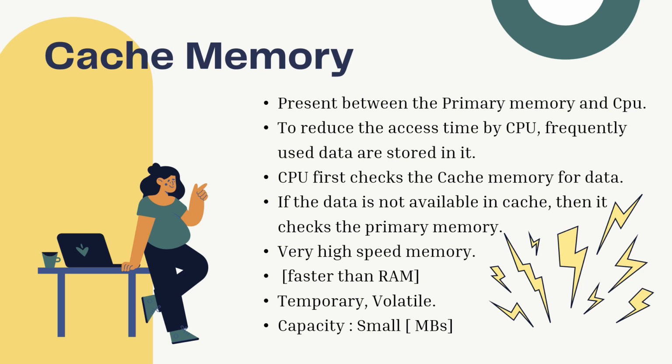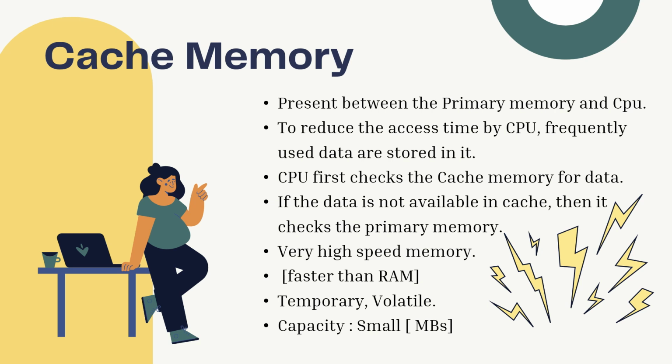Next we shall see about the cache memory. The cache memory is present between the primary memory and the CPU. When the data and instructions are stored in the main memory, the CPU has to go and access the main memory for the data. In some programs, some data and instructions will be repeatedly or frequently used.